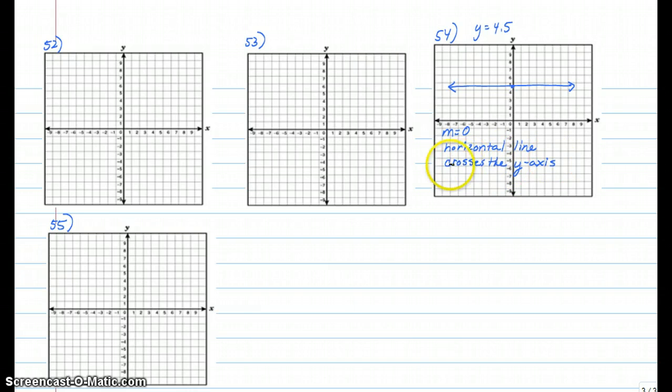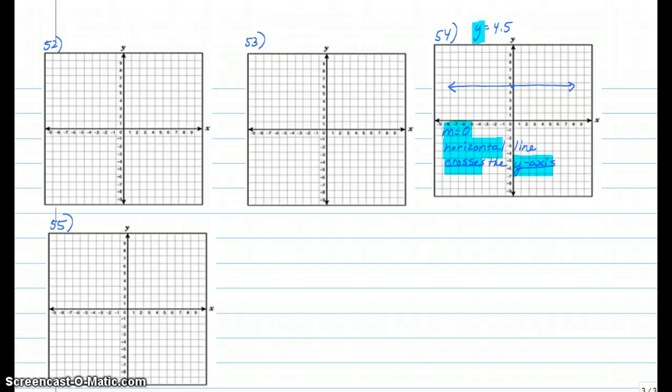Okay, so again, important words are crosses and y-axis. So let's highlight those. Crosses and the y-axis. This is a y equation. And whenever you have a horizontal line, it's going to have a slope of 0. Slope of 0. So here you go. That's what that looks like.